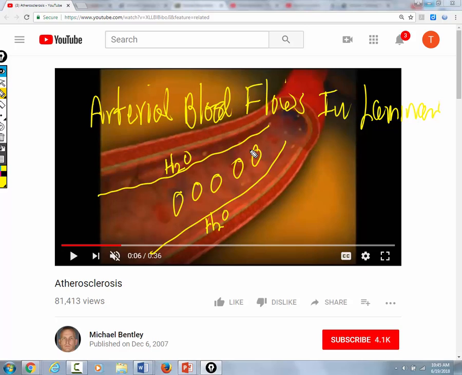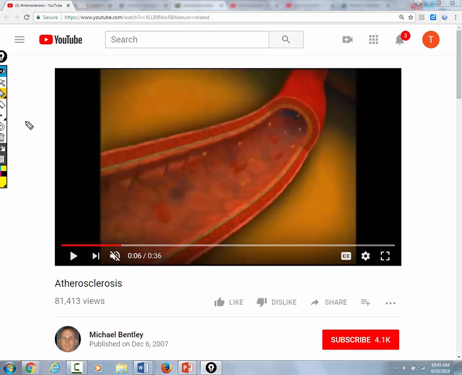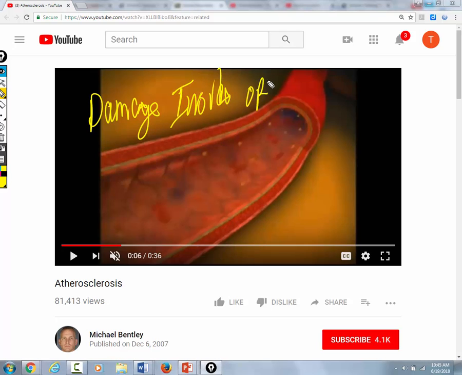Anytime you start bouncing red blood cells into the inner lining of the coronary artery, you can damage it. And listen up, because this is true. Damage to the inside of the coronary artery will cause cholesterol to start building up in that artery.